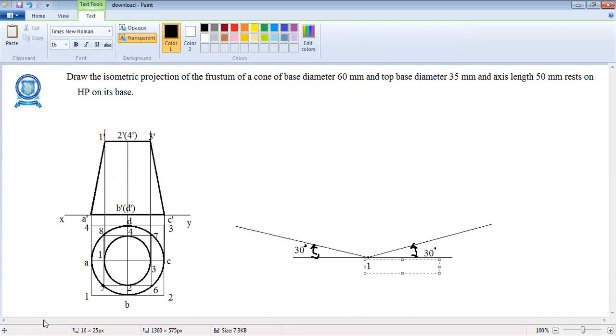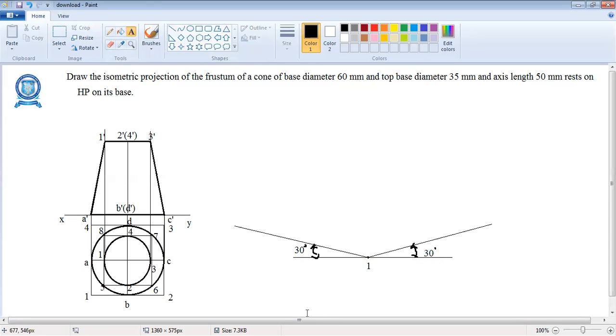Take this point as 1 and measure 1 to 2 by using a compass and cut an arc here. Place the compass here and cut the measurement here. 2.